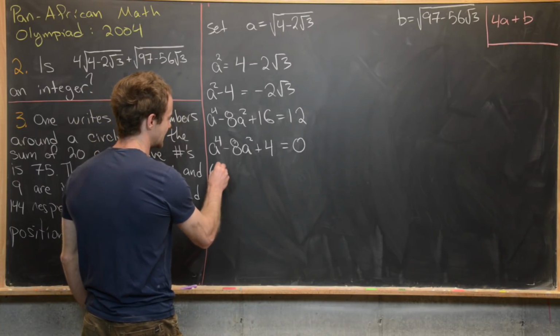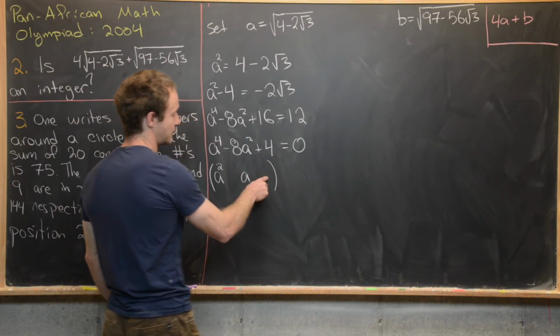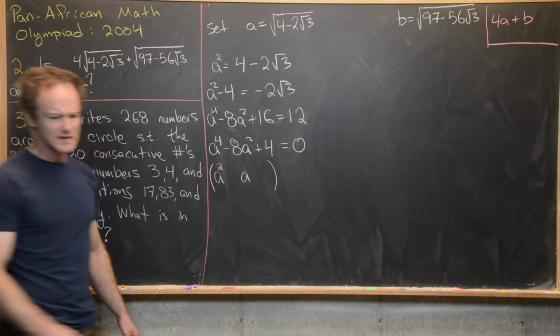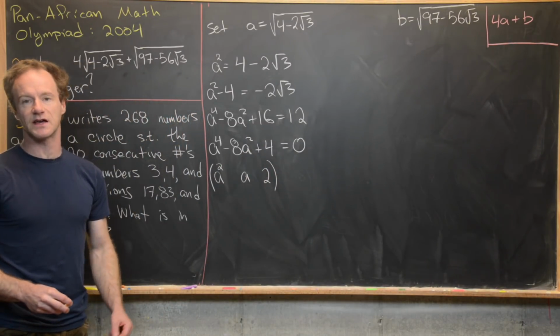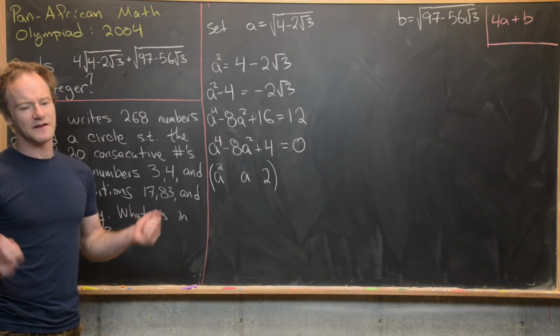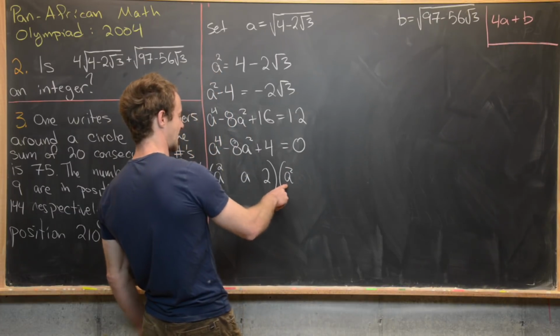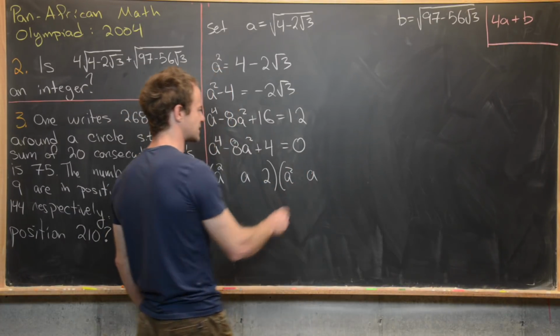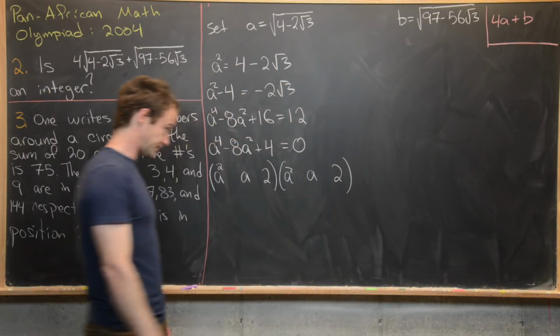Maybe it can be A squared, something times A, and then plus something. That something is probably going to be a 2, because 4 factors like 2 times 2 and also 4 times 1, but it seems likely that this evenly splits up. And then maybe we can also factor it as A squared and then plus or minus A times something, and then again with this 2.